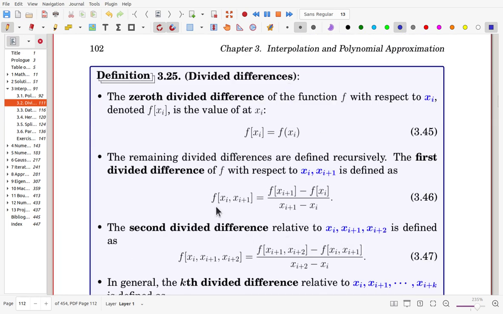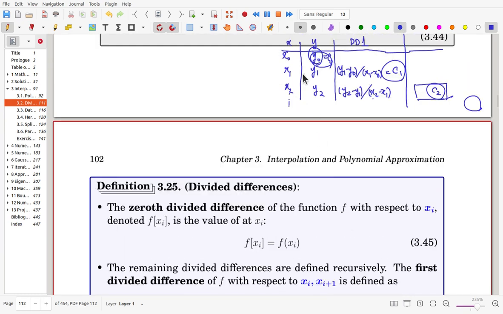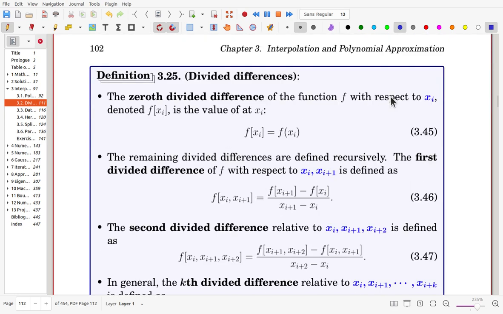And now for each i, we can define it. In this table, we made this term, and then by using these two, we also got that term, right?